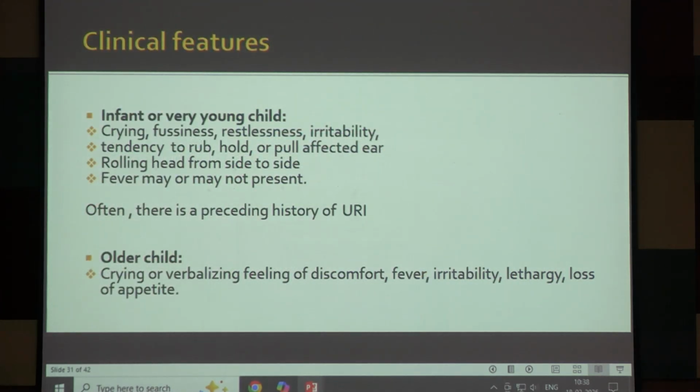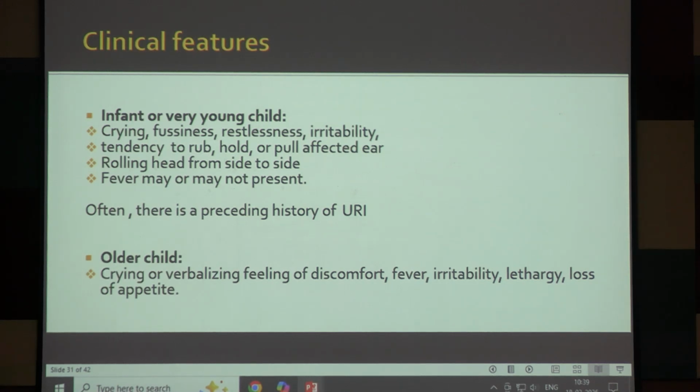What are the signs and symptoms? A younger child will present with crying, restlessness, irritability, and a tendency to pull the ear, which is the most common symptom we deal with.